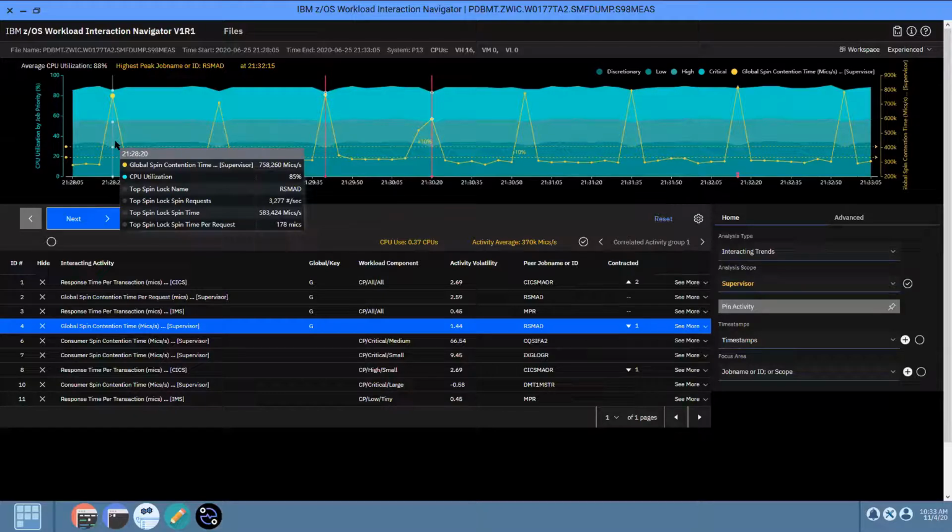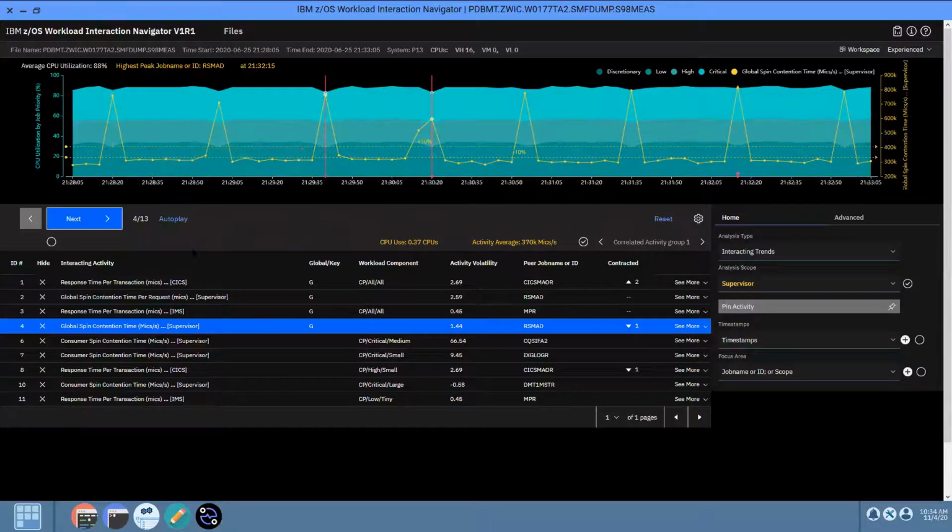By having contention on the RSM AD lock, it means that one or more address spaces in the system, at these CPU utilization values, are having more contention on the RSM AD lock than they had otherwise. So that means there is contention on private storage going on at each one of these CPU utilization values. And Navigator is going to give us some insights about what address spaces are contending on those resources.